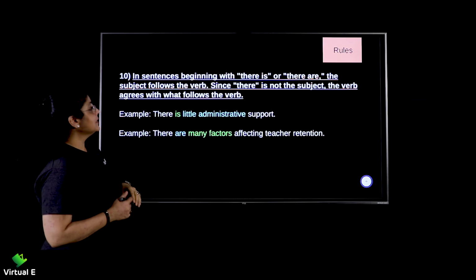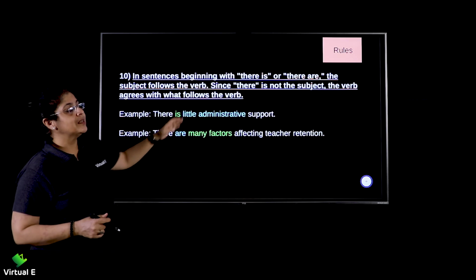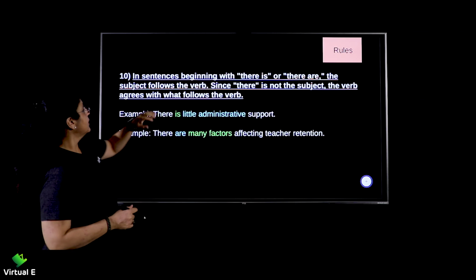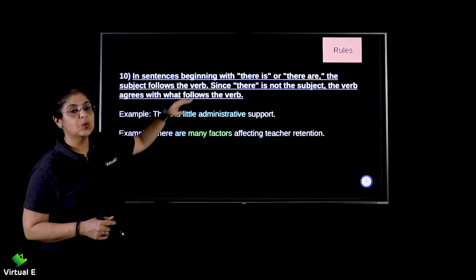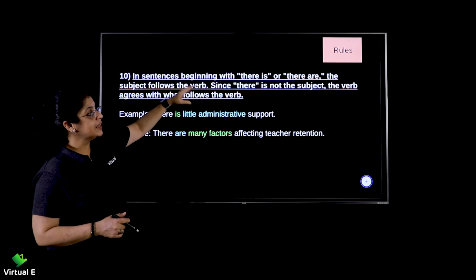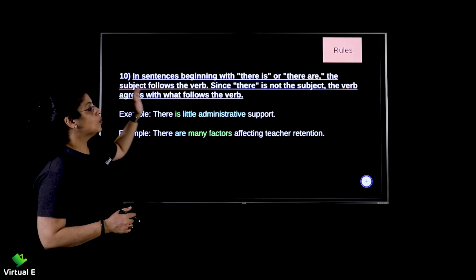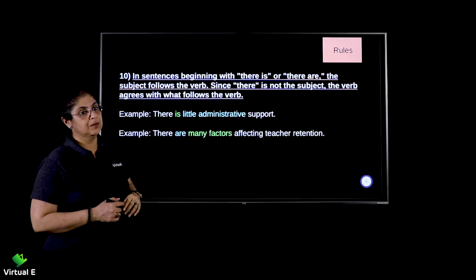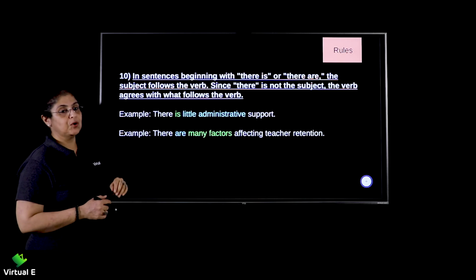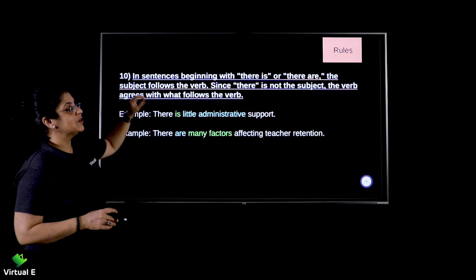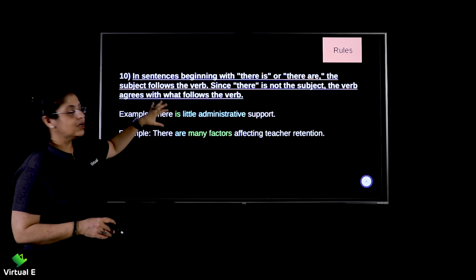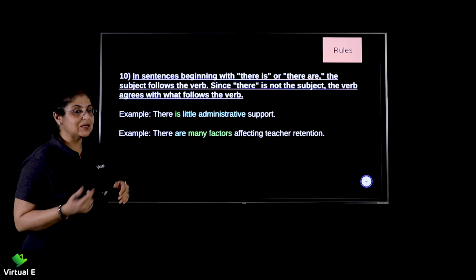Now, in sentences beginning with there is or there are, the subject follows the verb. Since there is not the subject, the verb agrees with what follows the verb. Now, this is very important. If your sentence is beginning with there is or there are, now obviously there is not the subject.